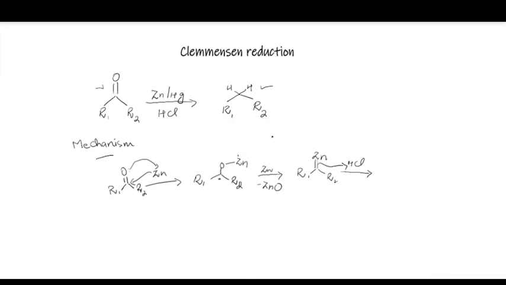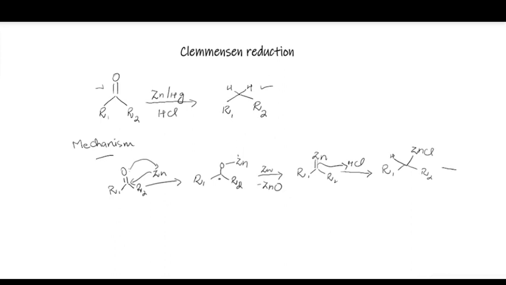It will abstract the proton, allowing this zinc to get a positive charge, which will take the chloride ion here, and as a result we will have this. So an H is attached here, and we have Zn and Cl here.